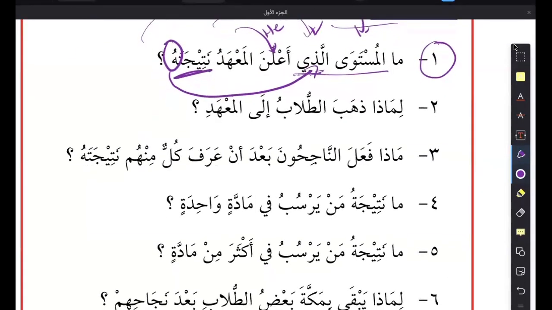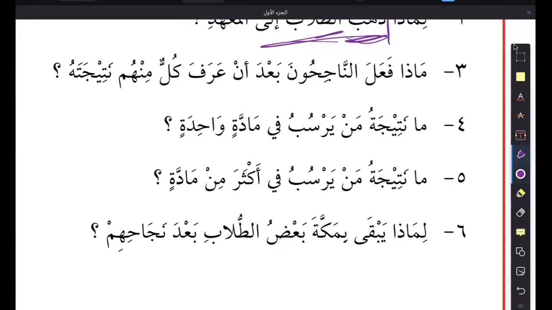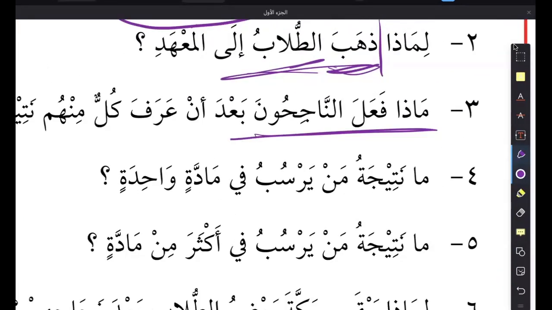We'll try to go a little bit fast. لماذا ذهب الطلاب إلى المعهد؟ Very simple. ماذا فعل الناجحون بعد أن عرف كل منهم نتيجته؟ What did the successful ones do after they learned their results? They talked about something. You can go back. I'm not going to give you the answers. You can go back. ناجحون, this is the fa'il.